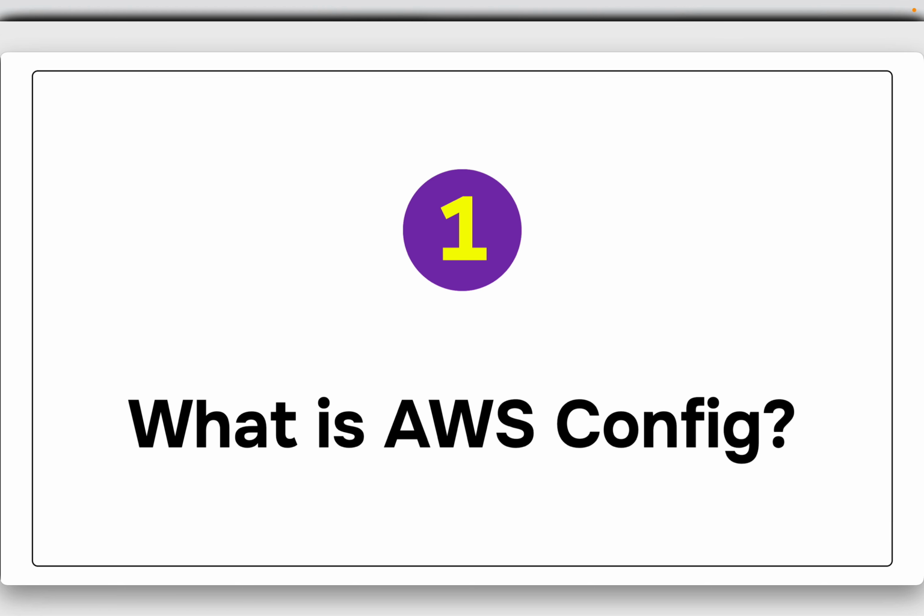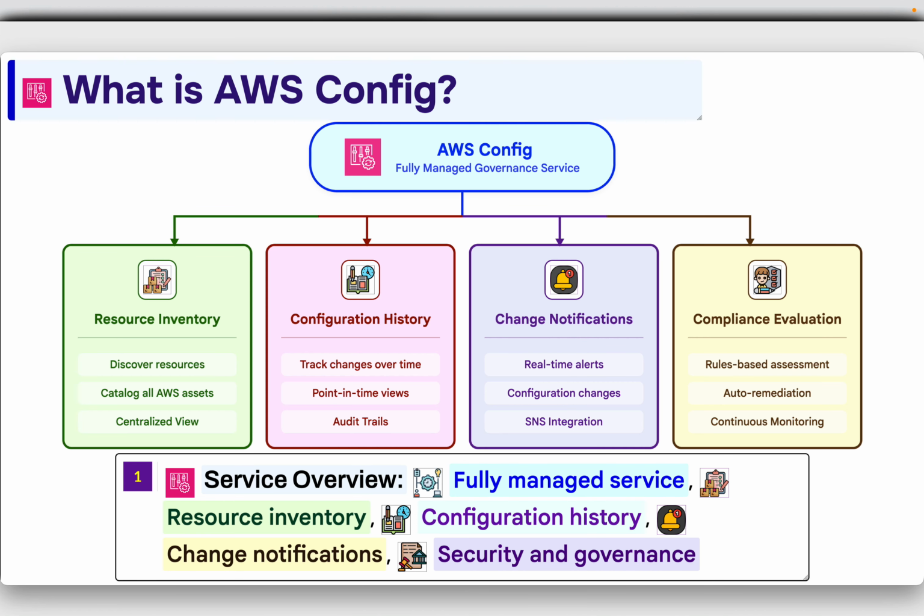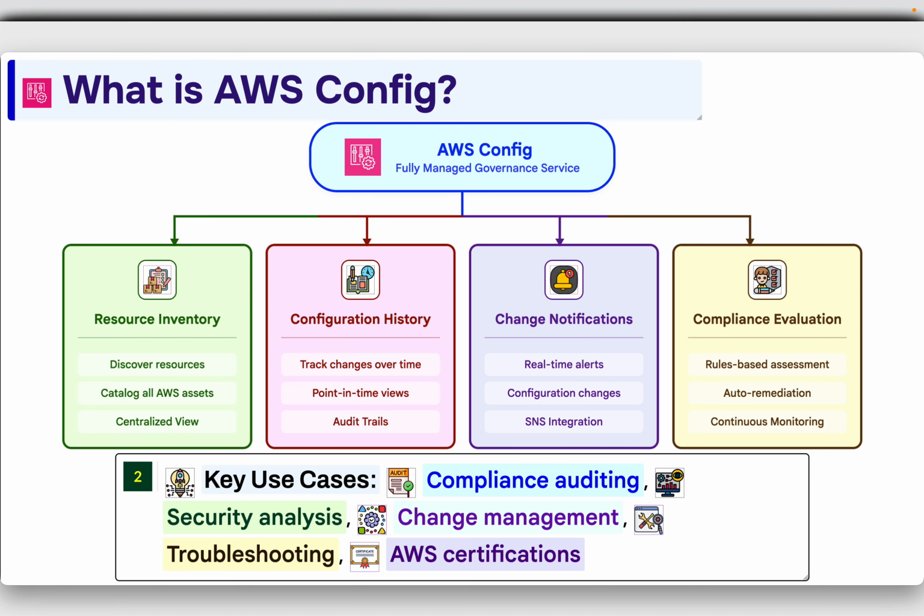So first topic, what is AWS Config? AWS Config is a fully managed service that provides resource inventory, configuration history, change notifications, and security and governance capabilities. The key use cases for AWS Config include security analysis, compliance auditing, change management, troubleshooting, and AWS certifications.